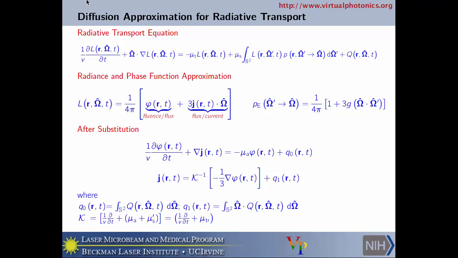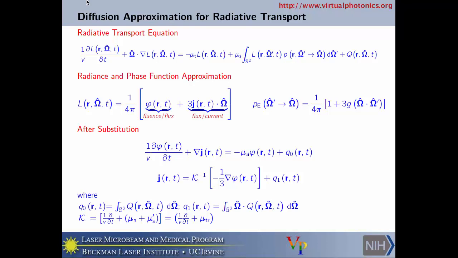You see a couple features here. We also have to reduce the source term, capital Q, in terms of an isotropic term, Q0, and a cosine theta term, Q1, and the definitions for Q0 and Q1 are given below. And you see that we have two equations and two unknowns, so to speak.